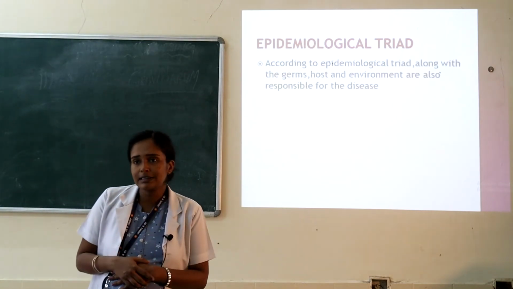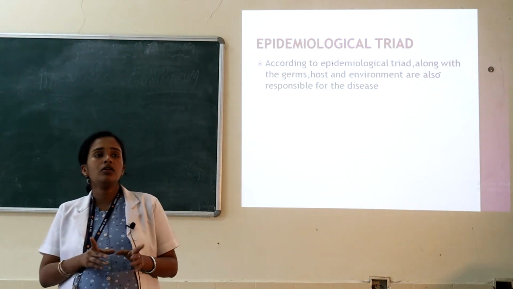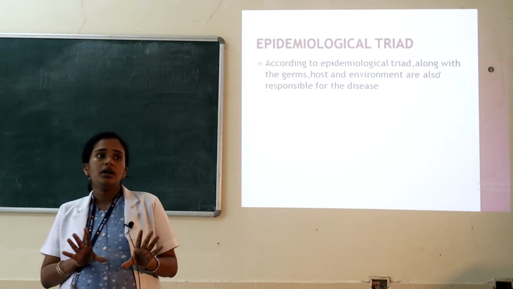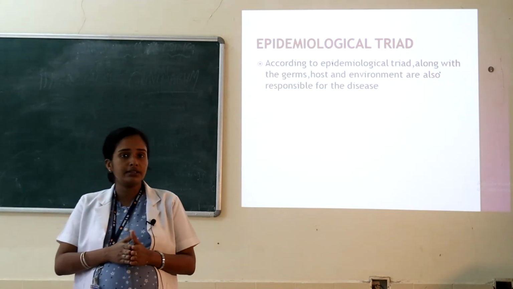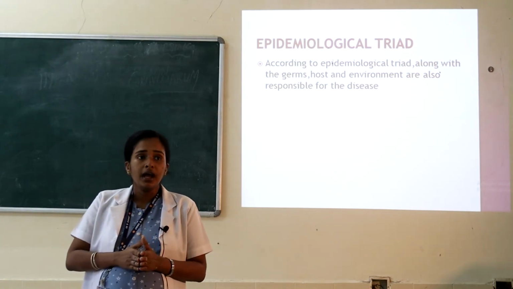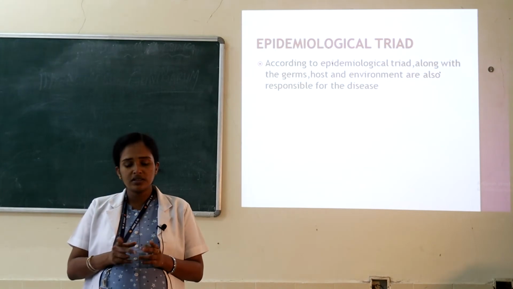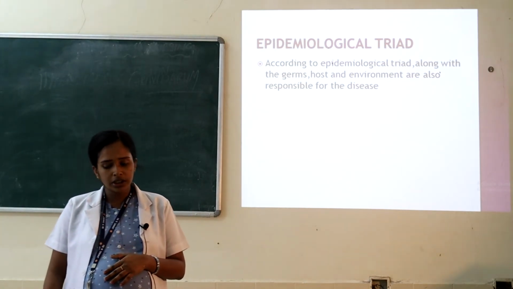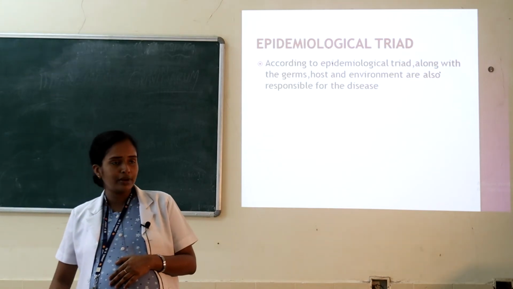Germ theory of disease causation explained that there is only a single causative agent for a disease, but according to the epidemiological triad, a disease is caused by three major factors. According to the epidemiological triad, along with the germ, host and environment are also responsible for the disease.